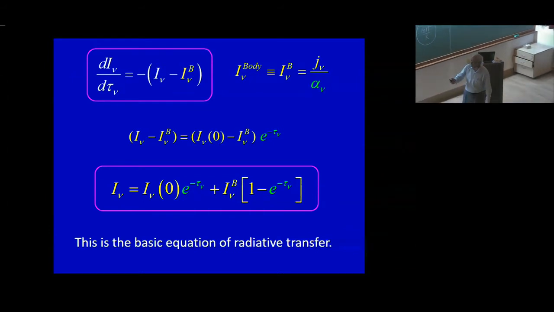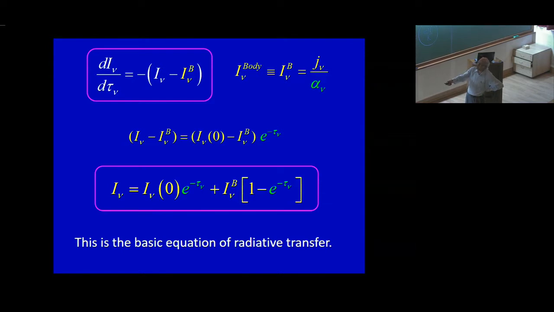I have rewritten that equation here from the previous slide, and I have redefined for you what this I nu B is. I nu B stands for I nu body. That is the specific intensity radiated by the body at the frequency nu. That is the ratio of the emissivity to absorptivity.